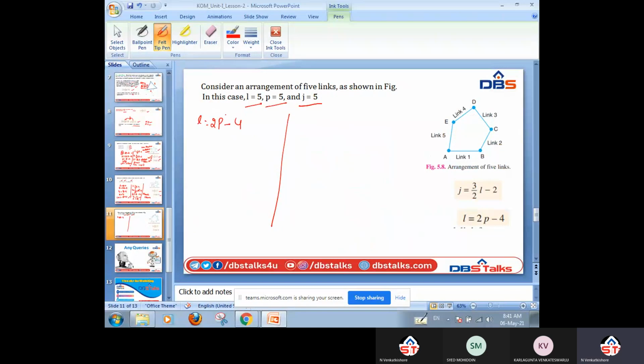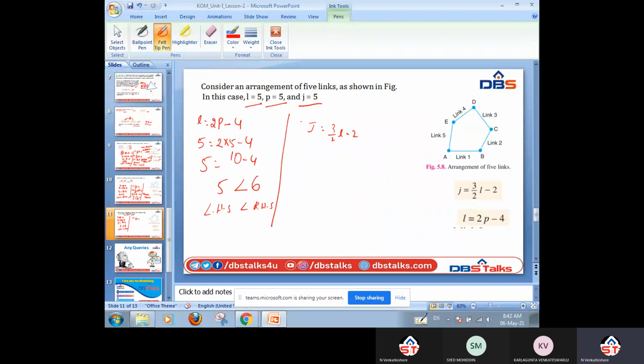You just remember the formula. L is equal to 2P minus 4, J is equal to 3 by 2 L minus 2. Links is 5, pairs is 5. 5 is equal to 10 minus 4? 5 is less than 6, 10 minus 4 is 6. That is LHS is less than RHS. At the same time, J.